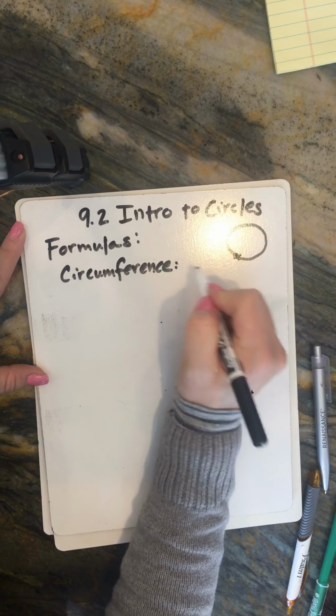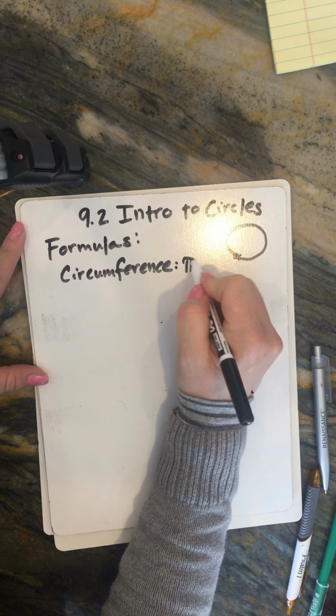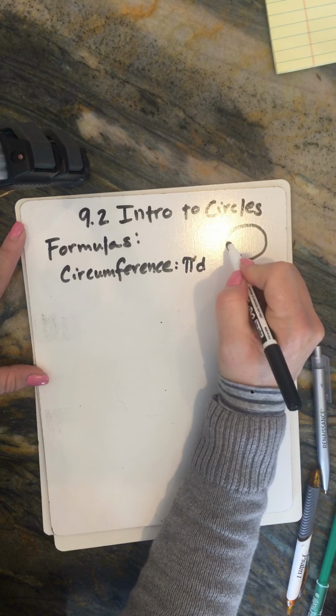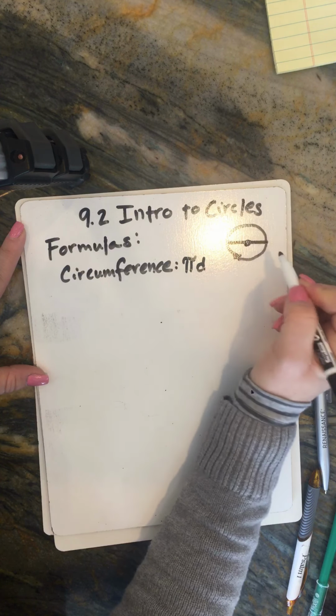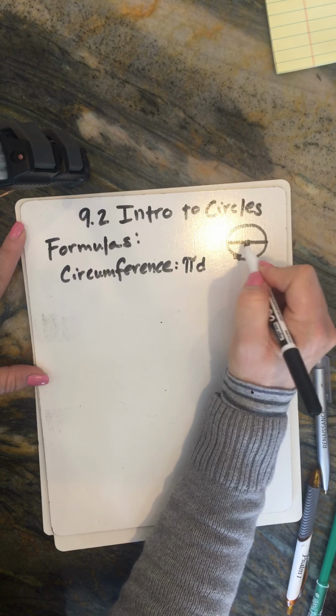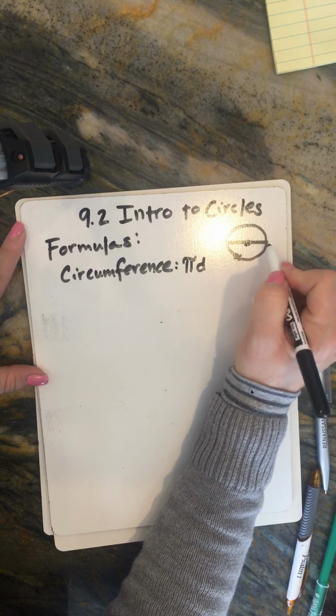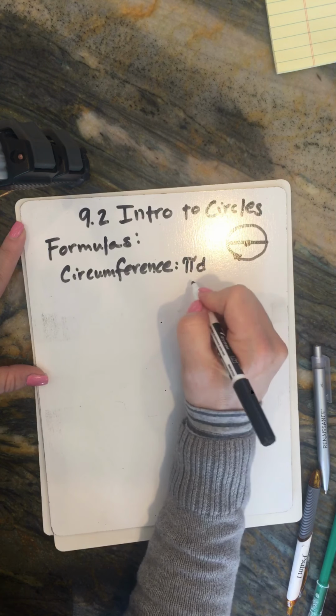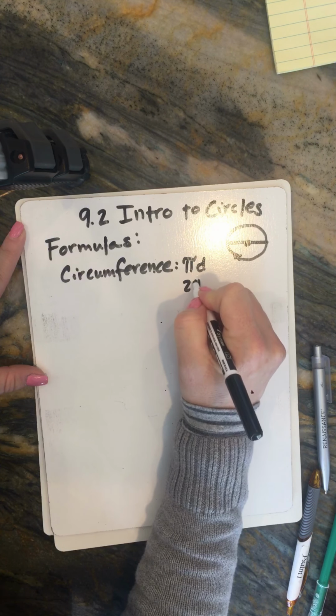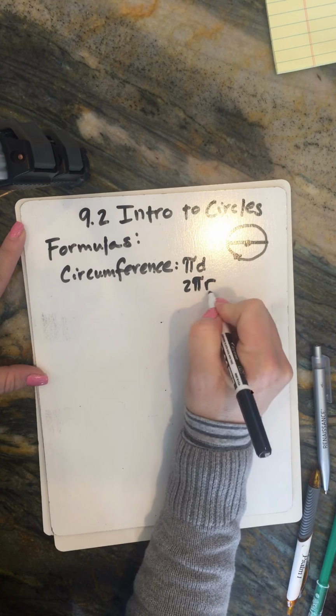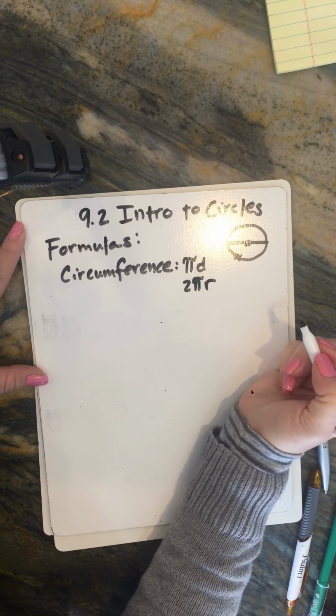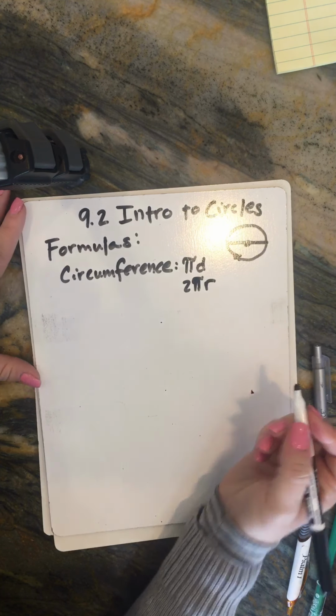So circumference is pi d, where d is the diameter. A diameter is made up of 2 radii, so we could also write this as 2 pi r. 2 and r make up a d. So those are formulas for circumference.